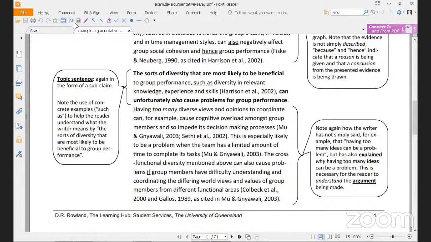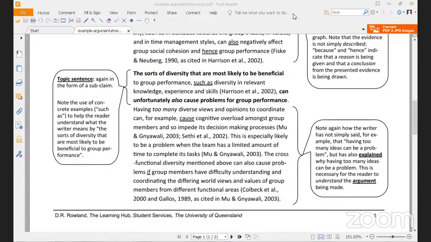Can you help me read? The sorts of diversity that are most likely to be beneficial to group performance, such as diversity in relevant knowledge, experience, and skills, can unfortunately also cause problems for group performance.